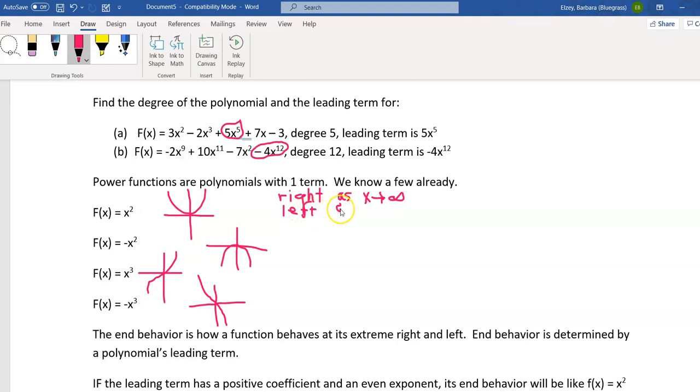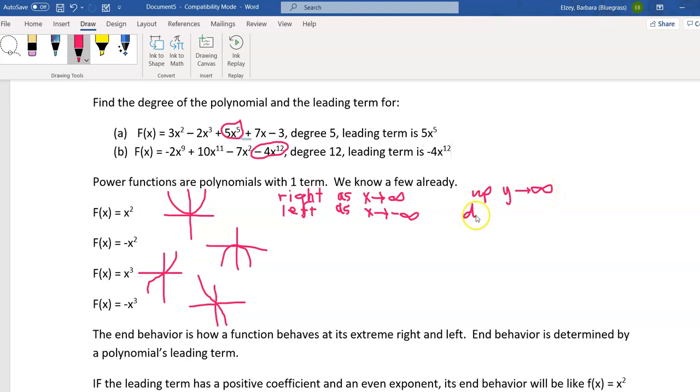And then we will use left. So on the left side of the graph, we'll say as x goes to negative infinity, because when we're looking at the left, we're thinking of the x values going forever toward the left. And then if we think of the graph going up, we're going to use the notation y goes to positive infinity, because up on our y-axis is positive.